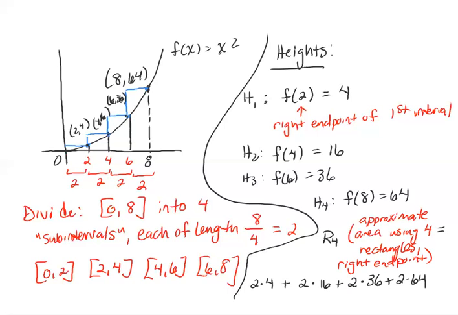If I add up all of those, I get 240 as the approximate area underneath this region from 0 to 8.